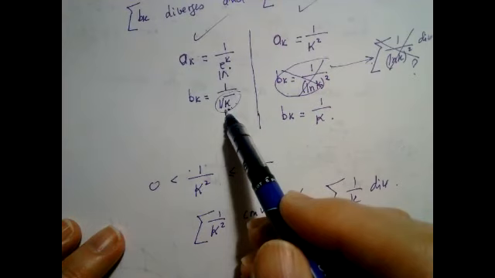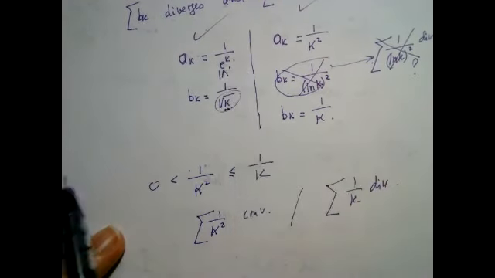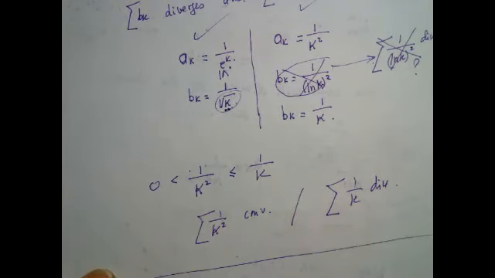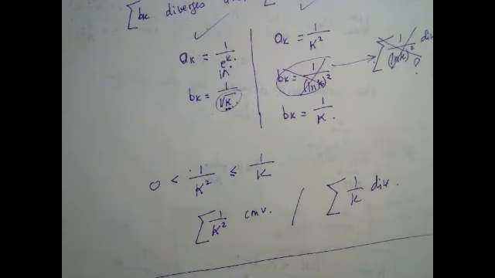This one converges because it's a geometric series with ratio 1 over e, and the other diverges. So both examples work. All right, I think it's quiz time. Good luck and get going.